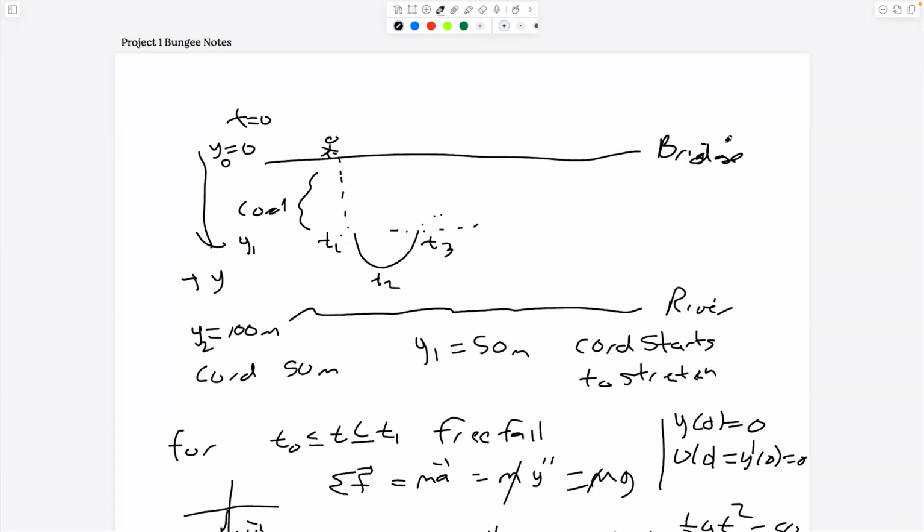And then the whole point of having a graph is to have something to talk about. So you'll write a sentence or two. We can see in this graph with k equals this and m equals that, we do not hit the water and so forth. Make sure your graphs are labeled. So everything goes into the paper.